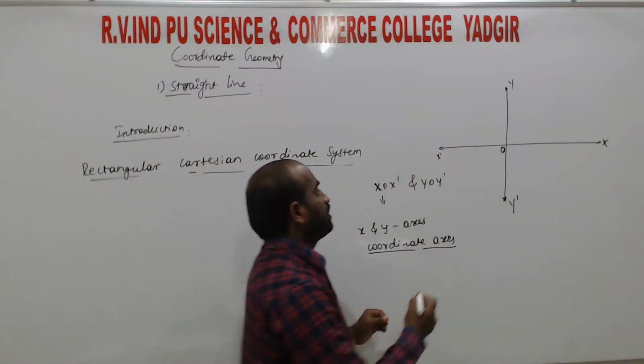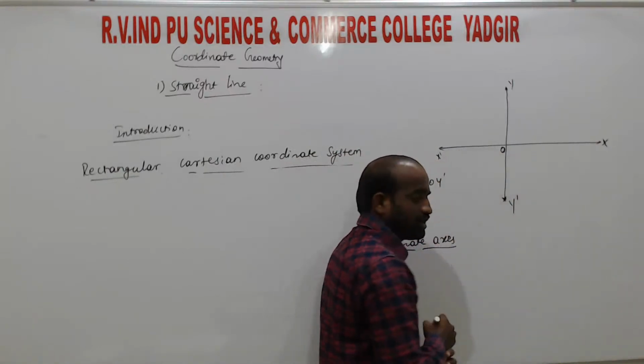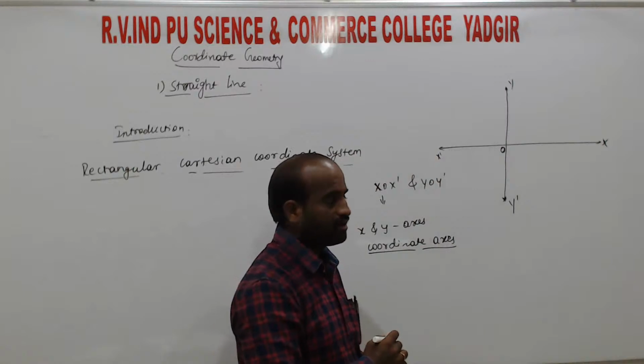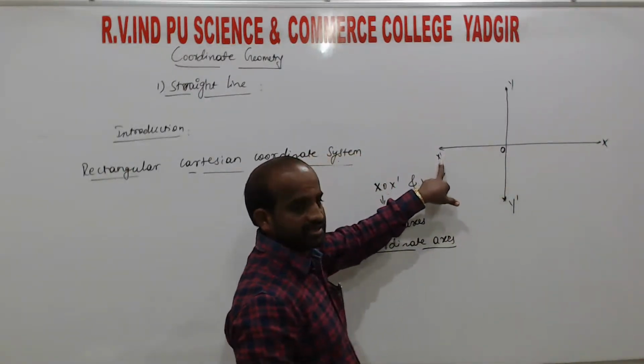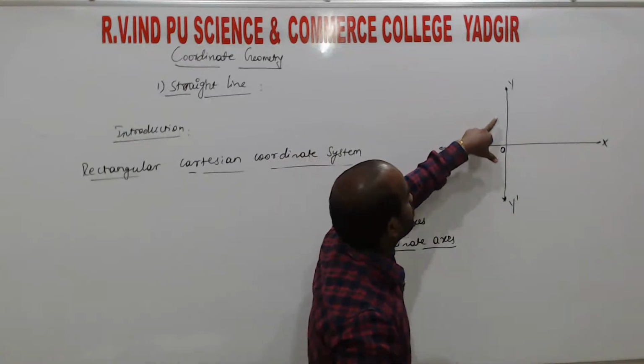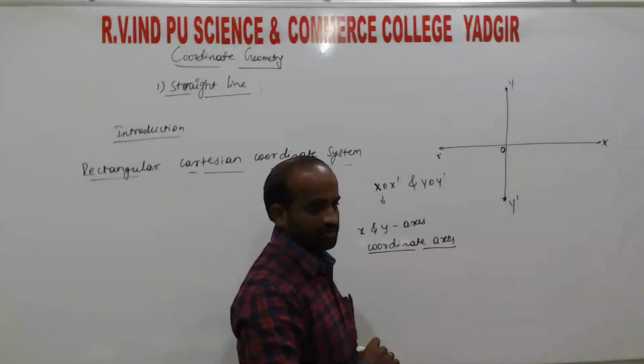OX dash is called the x-axis, meaning the horizontal line. The vertical line Y dash is called the y-axis.